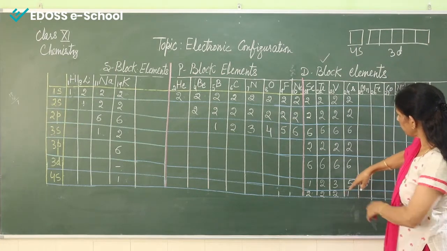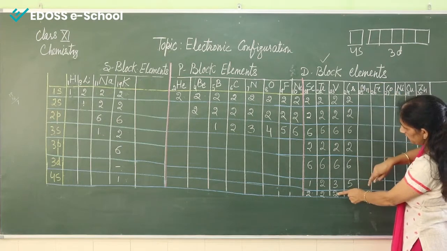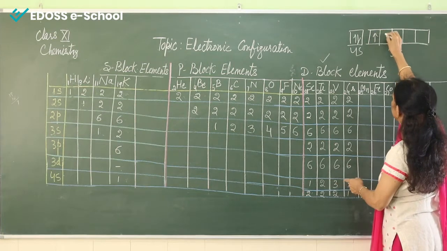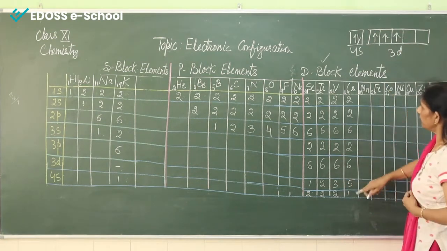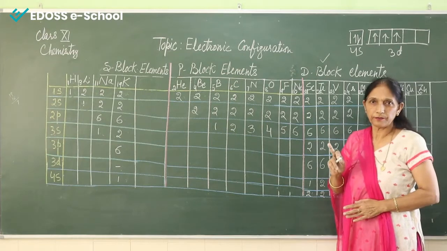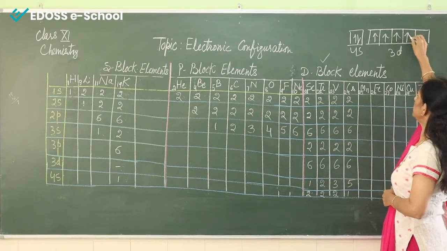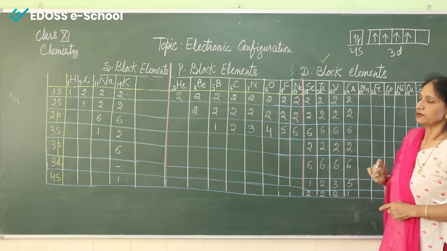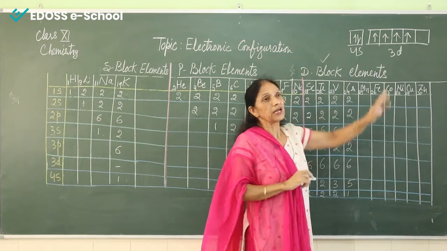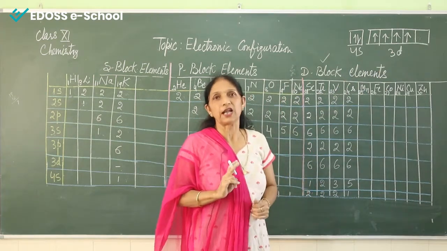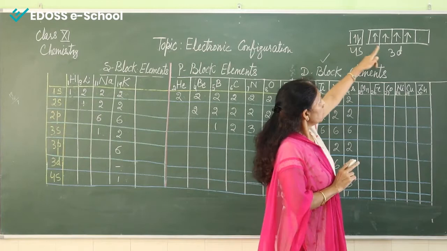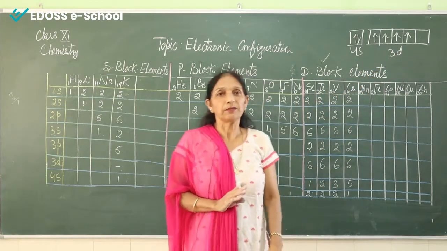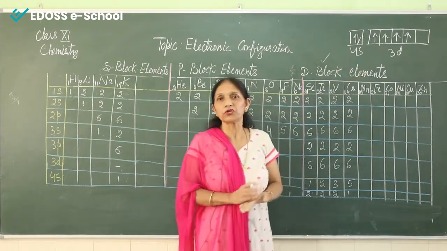So earlier what was happening? In vanadium, s had 2 electrons and d had 3 electrons. Now in chromium 1 more electron is added, so naturally this electron should move in this orbital. But 3d has the capacity of 5 electrons, single electrons each. If it gets 1 more electron, it will become half filled, and remember, half filled orbitals are more stable.